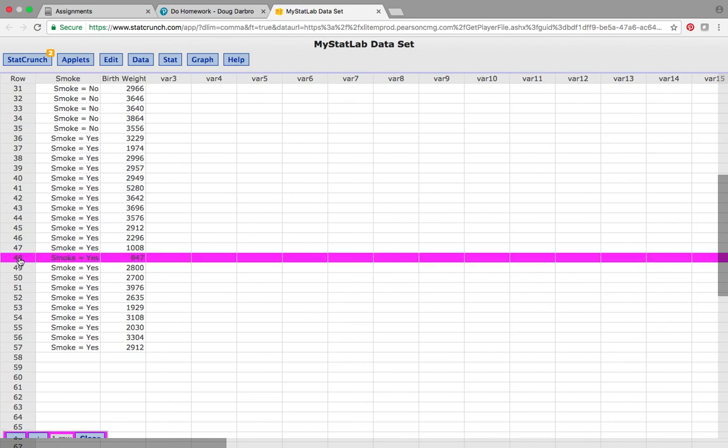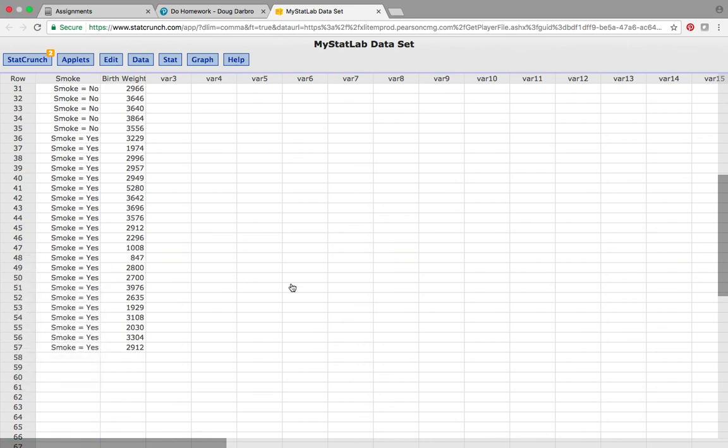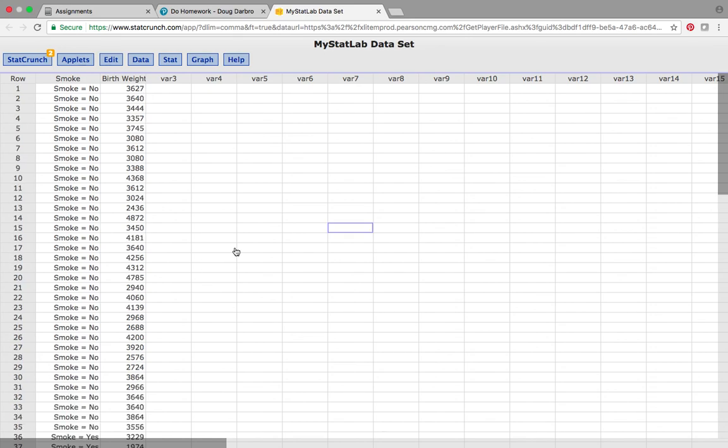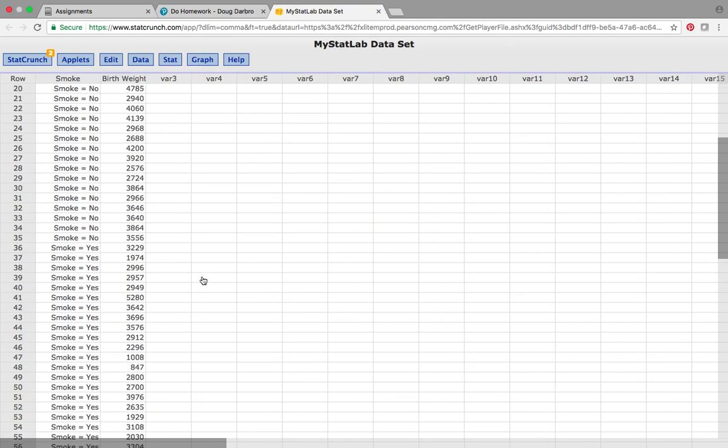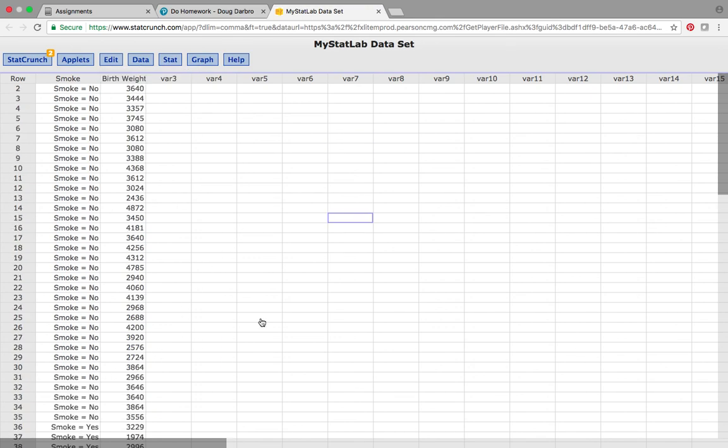All right, I think what I'm going to have to do here is edit, go to row, and delete. And what row was it? Let me check this out. So it's row 48.